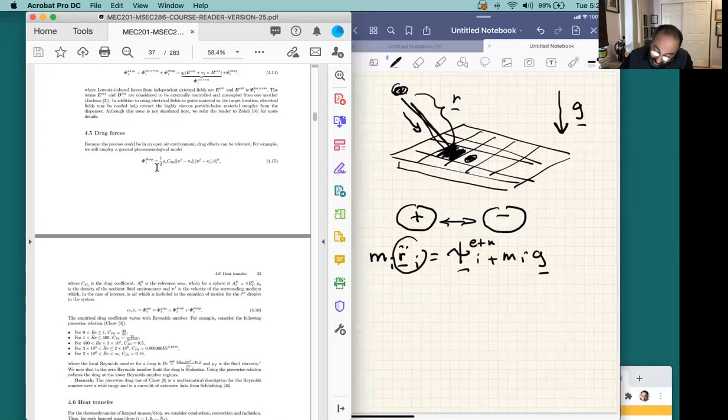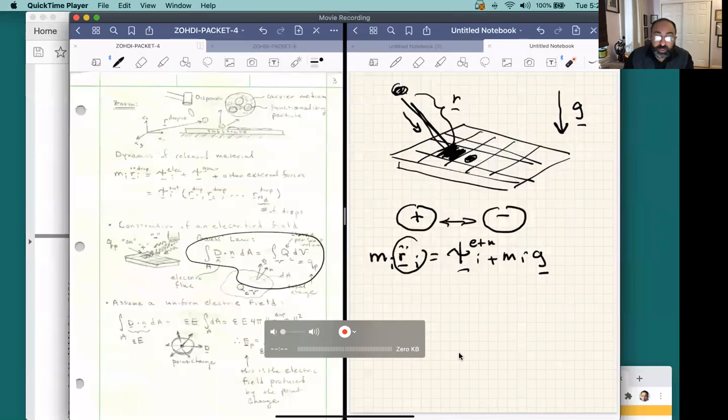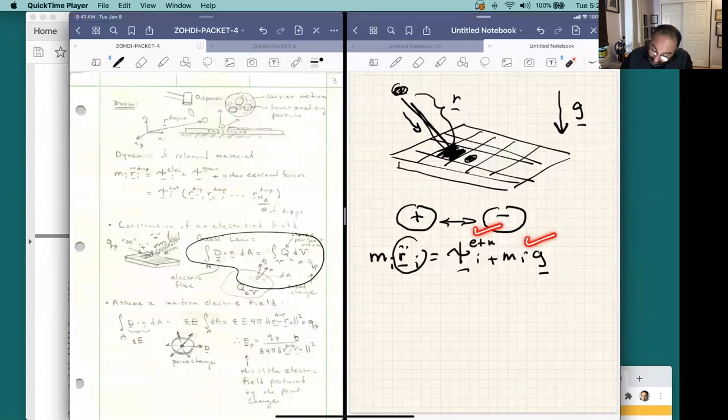We'll assume that the substrate is at the bottom, so we basically have gravity pointing downward. So this vector is really going to be 0, minus g, 0, where g is 9.81, the usual value of gravity. Okay, so the idea here is that we've gotten rid of this guy, we've gotten rid of this guy, we only have one more piece, and the one more piece is the drag term.